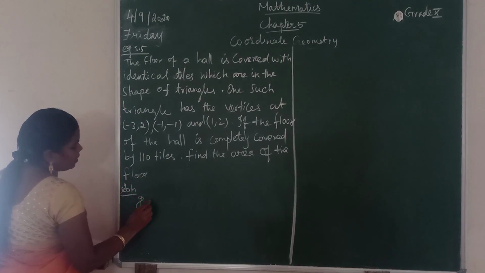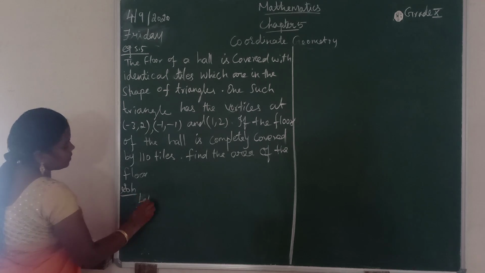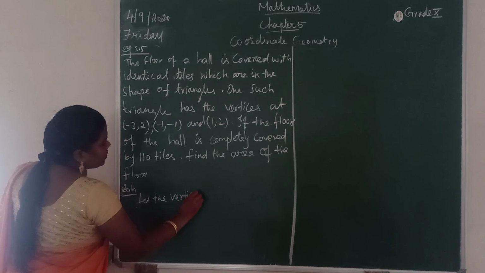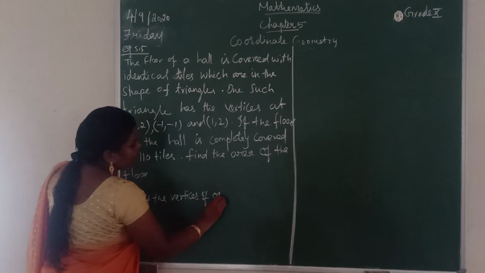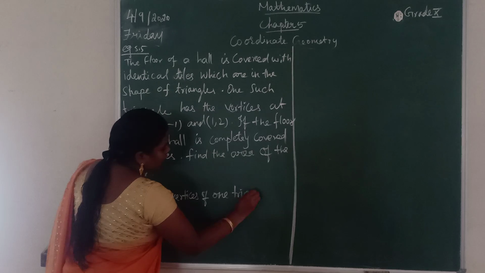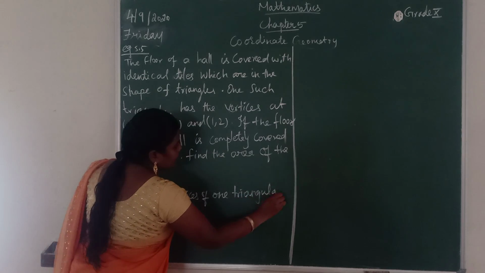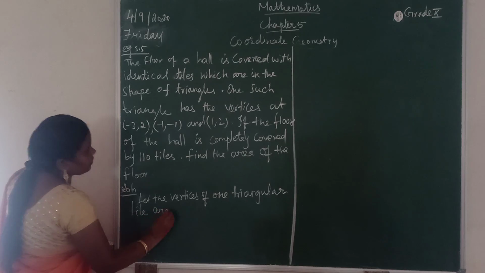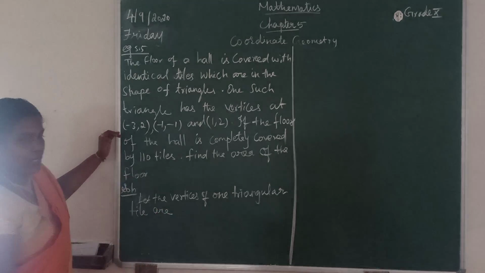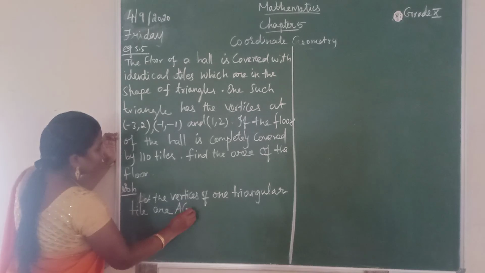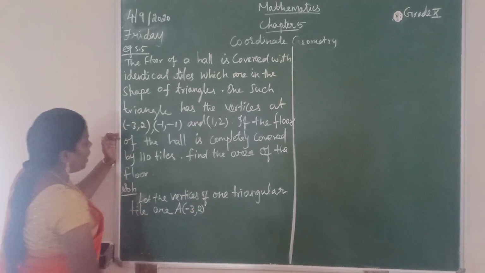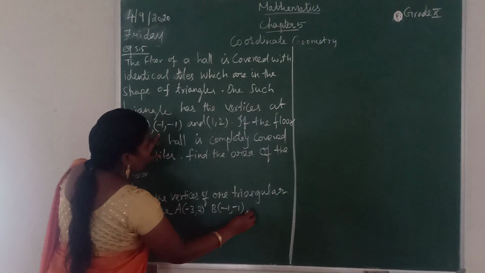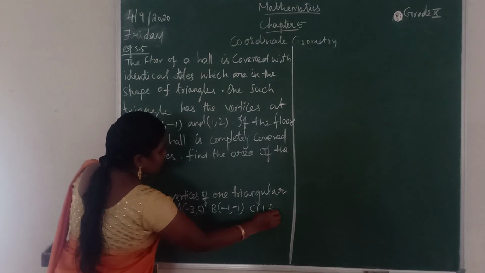Given that, let the vertices of one triangular tile be A, B, C. Okay, A of minus 3 comma 2 and B of minus 1 comma minus 1 and C of 1 comma 2.